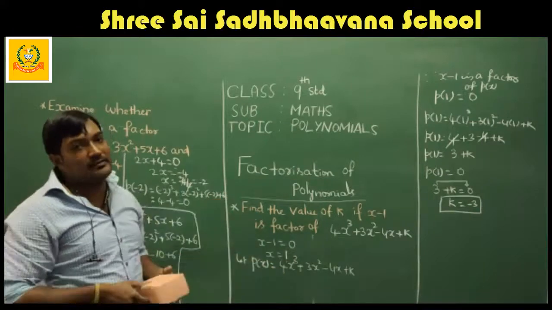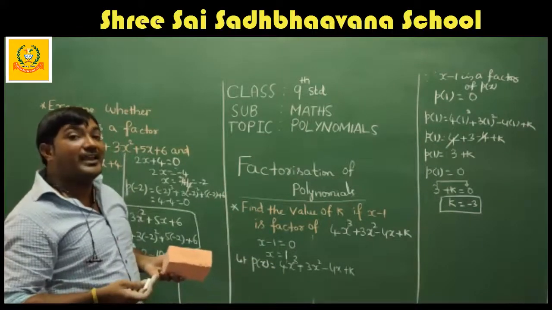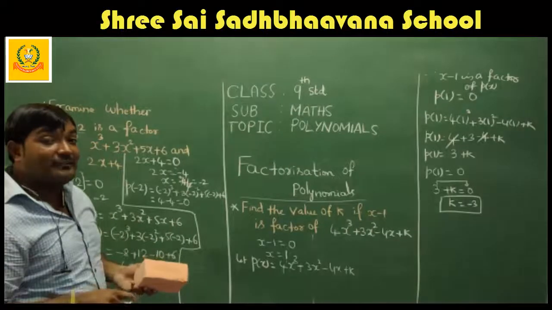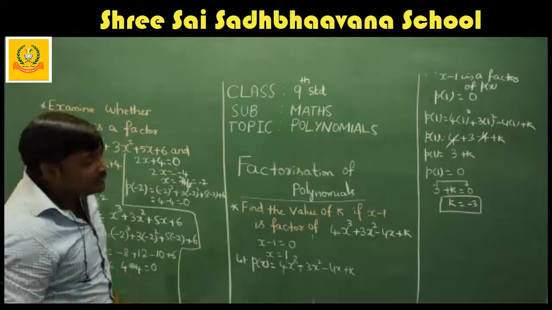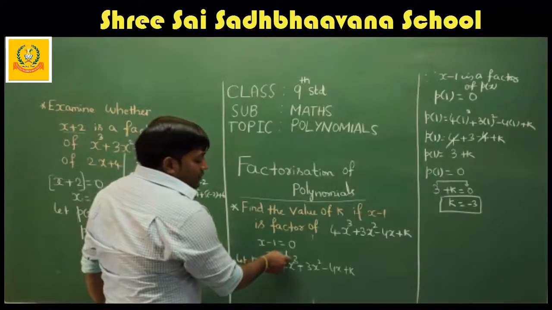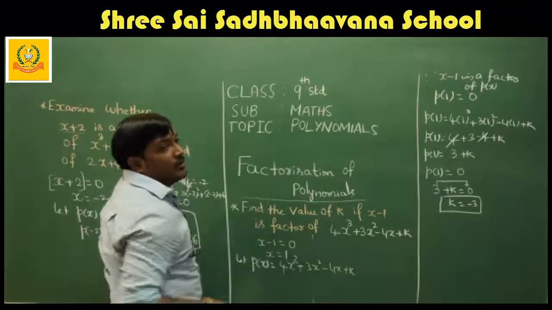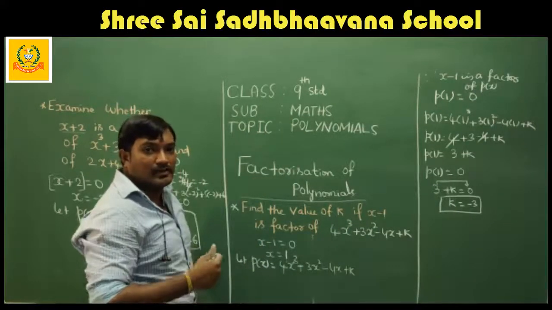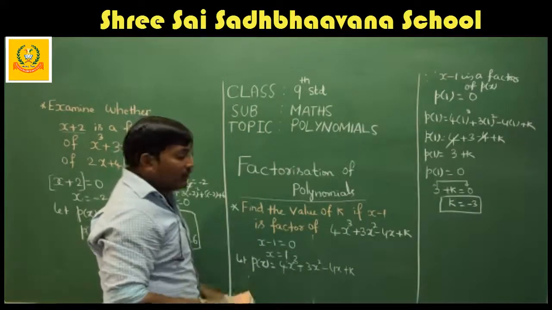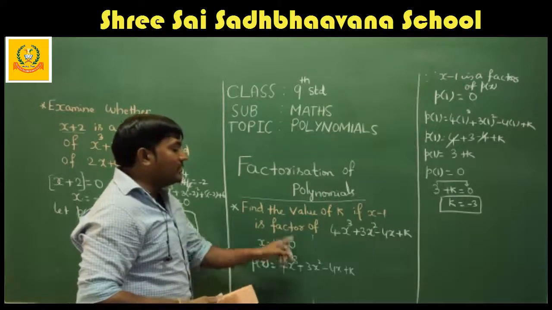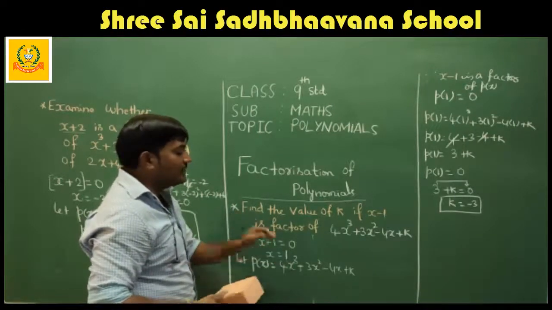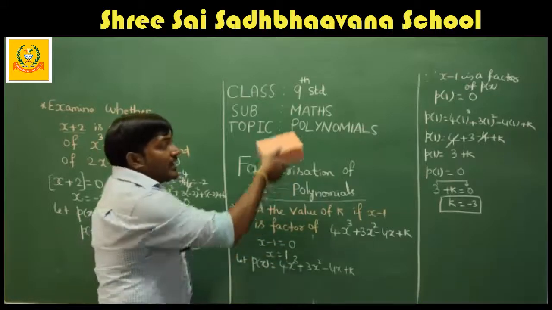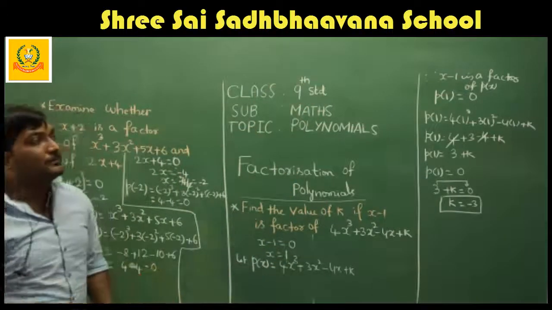If you get 0, then it is a factor. Here they are telling us in the sum itself that it is a factor. So whenever you substitute x is equal to 1, that should be equal to 0. Now x minus 1 equated to 0 gives x is equal to 1. So wherever x is there, you substitute 1.